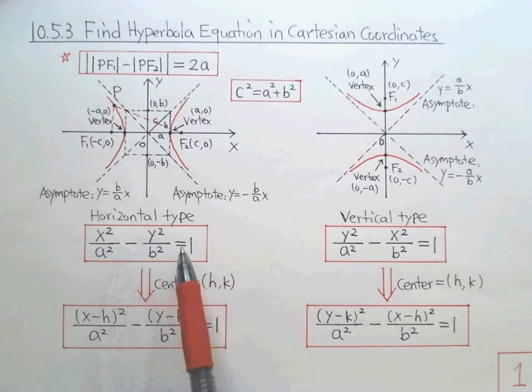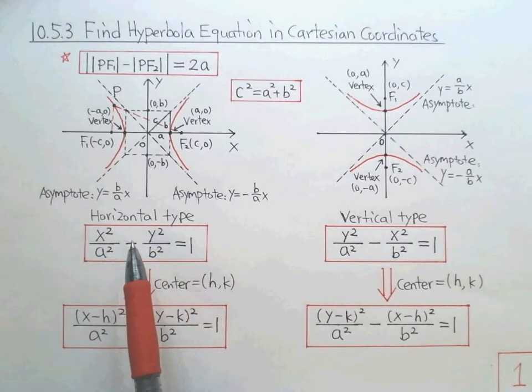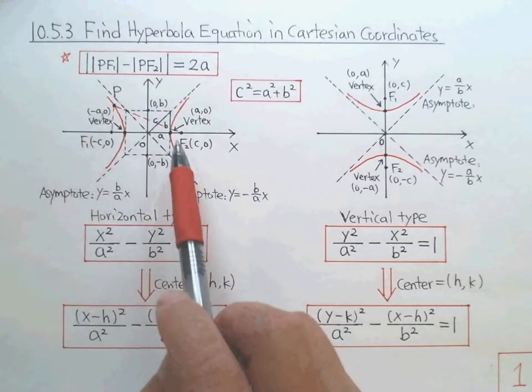Can we compare this hyperbola with the ellipse we learned before? The ellipse is plus, the hyperbola is minus. That's the major difference you can see, right? Of course, the graph looks totally different.